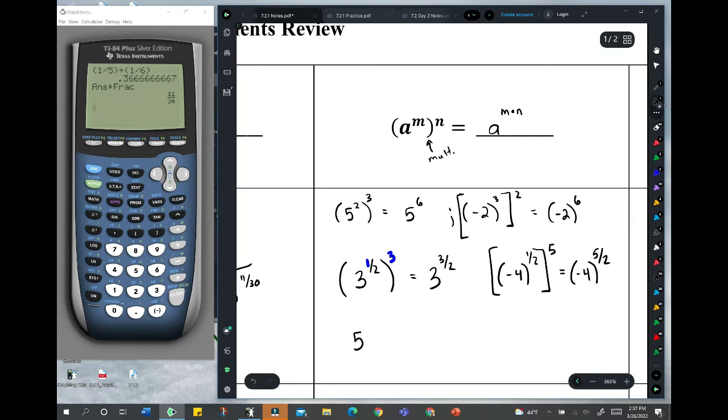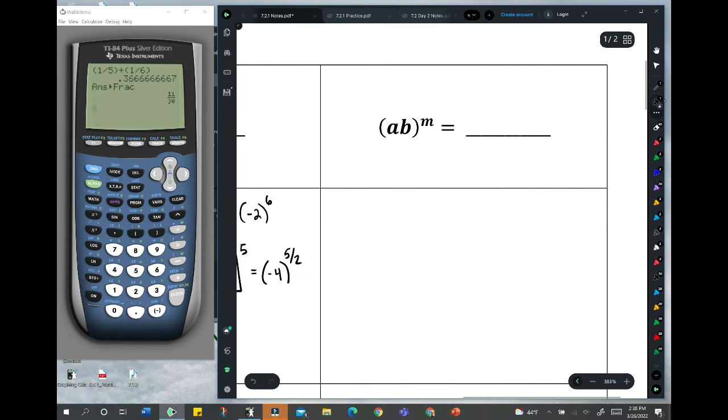One more just to clarify some things here. 5 to the 1/2 to the 3/2 power. When you multiply fractions, again, numerator goes to numerator, denominator to denominator. So this is just going to be 5 to the 3/4. Okay, so fractions, don't be afraid of those with multiplying either.